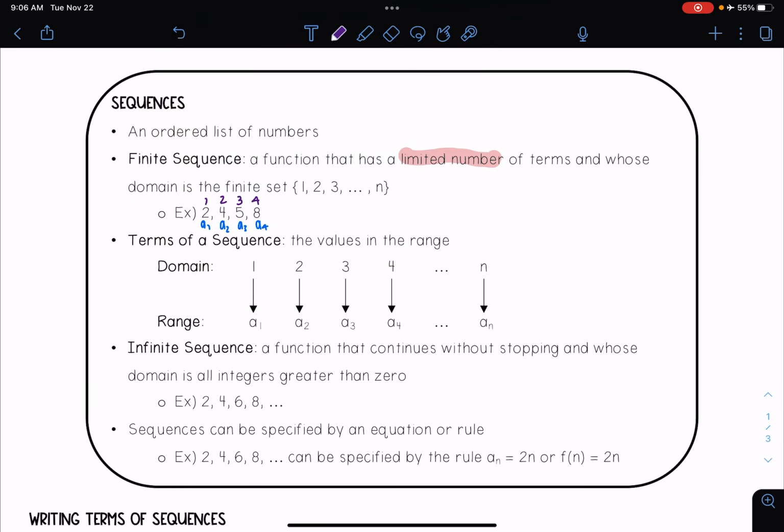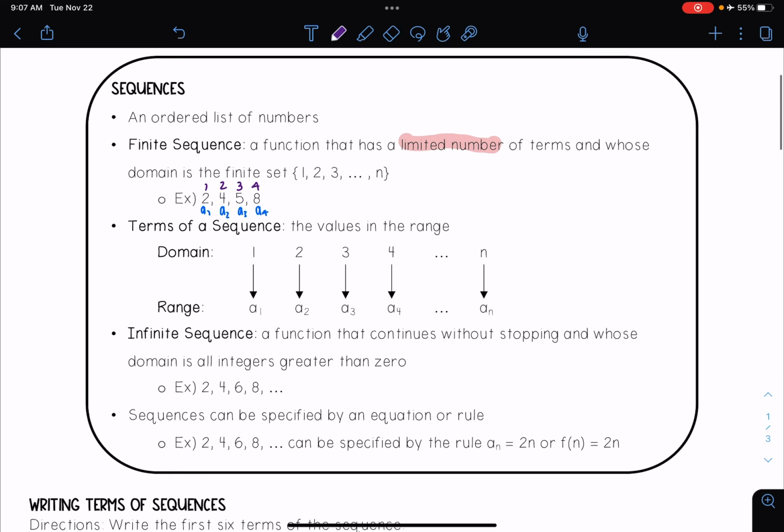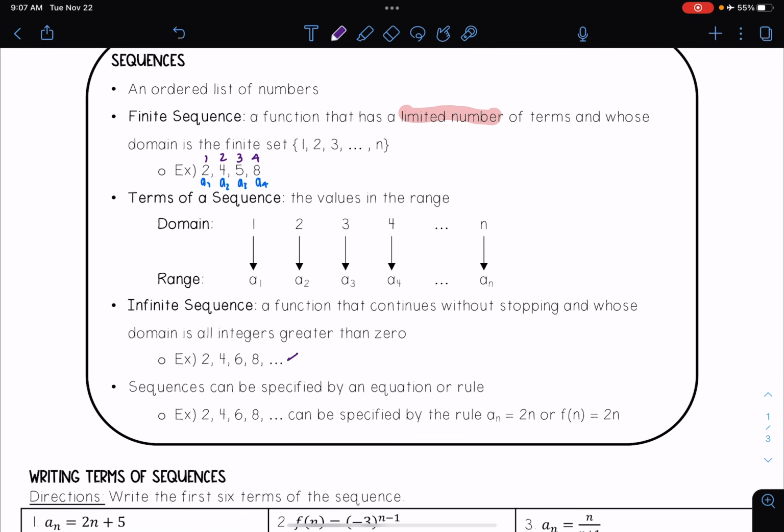And then another type of sequence we have is an infinite sequence, and this is one where the function continues without stopping and whose domain is all integers greater than 0. So for example, I could have the sequence 2, 4, 6, 8, and then I see this dot, dot, dot, and this dot, dot, dot means that it continues. I'll make a note of that.